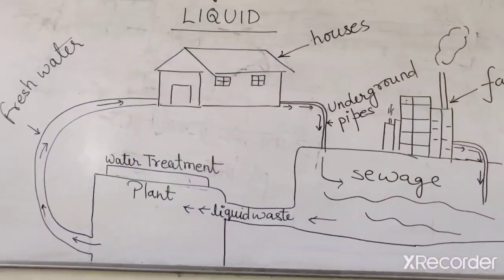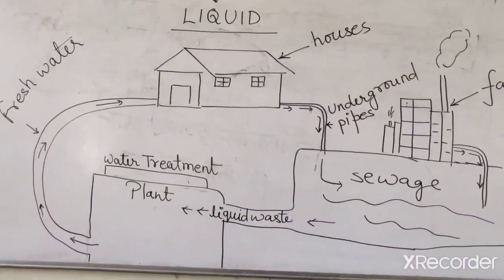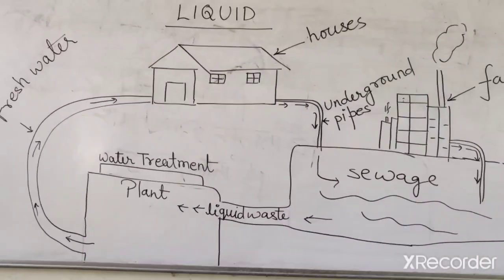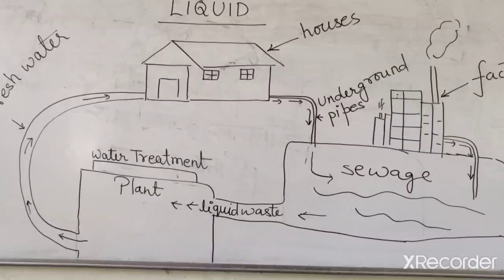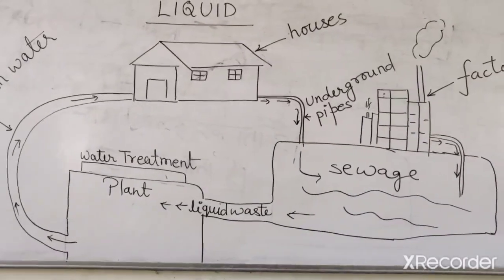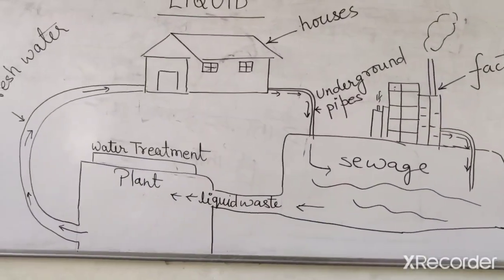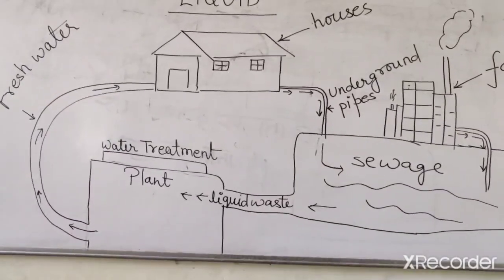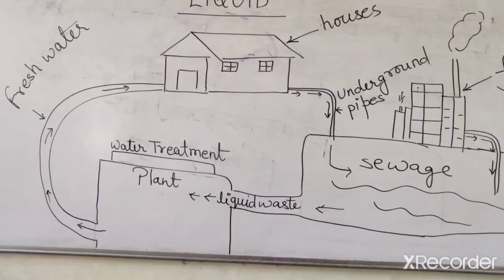And again the dirty water from your houses passes through the underground pipelines, then gets collected into the main sewage, from where the liquid waste is passed through the main sewage pipeline to the water treatment plant.